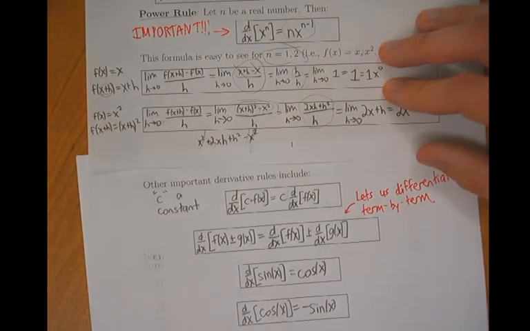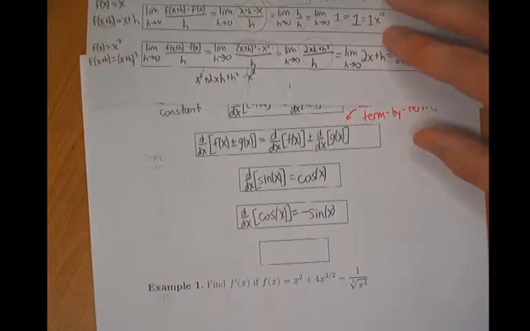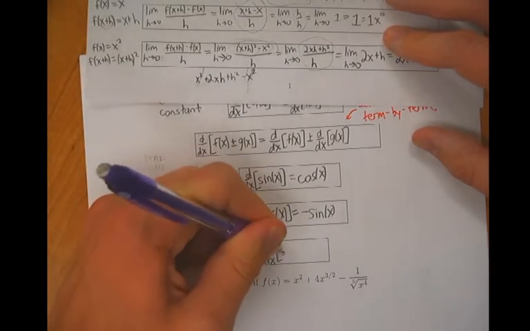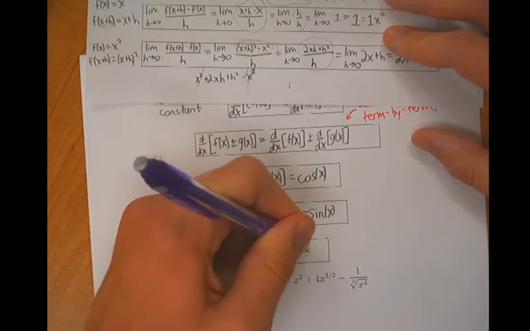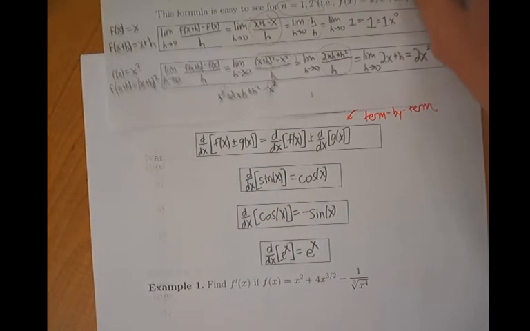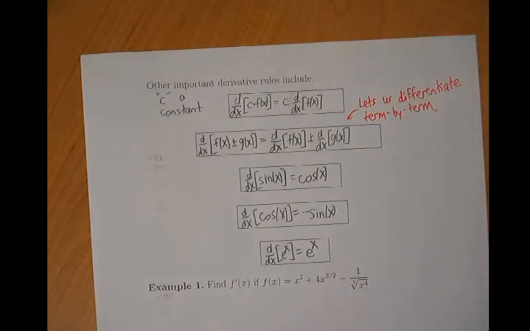Make sure you keep that in mind. And the last one is the derivative of e to the x, which is relatively nice. It's just e to the x, just itself. Okay? So, any questions on any of those?